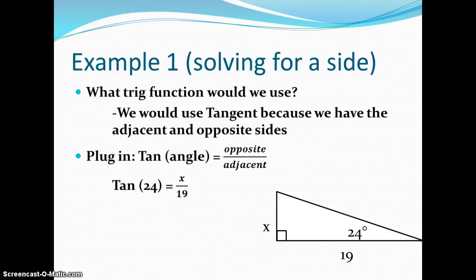So now we're going to solve for x by multiplying both sides by 19 to get x by itself. So we'll have 19 times the tangent of 24 equals x. Now you're going to plug that into your calculator, and you'll get x equals 8.46.